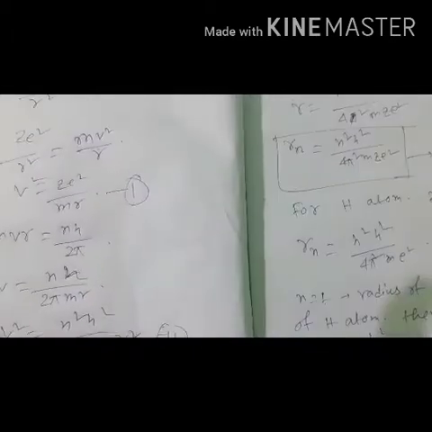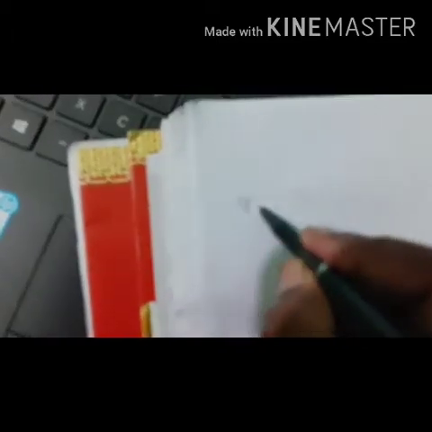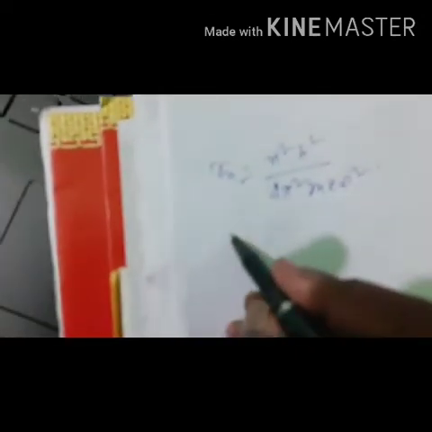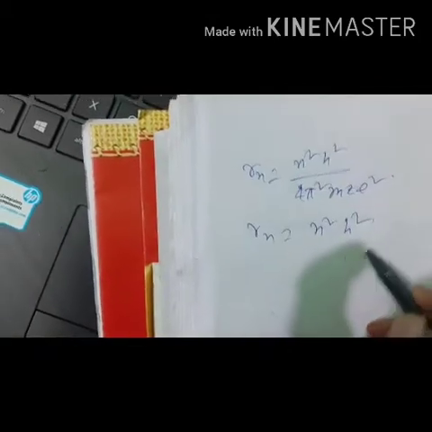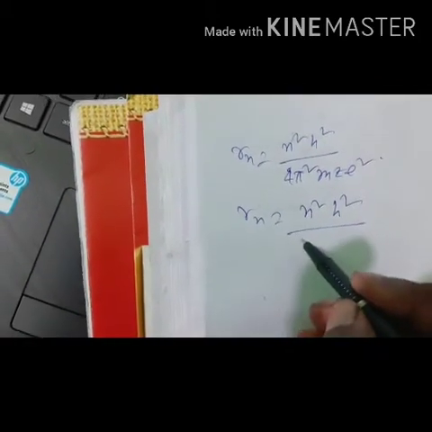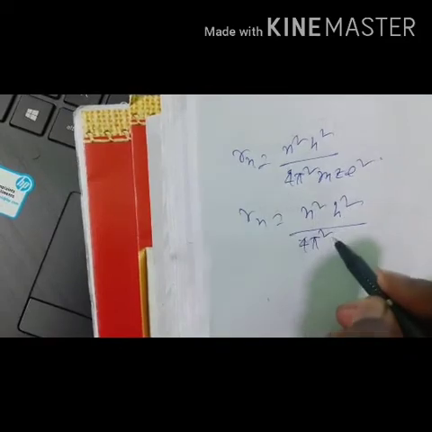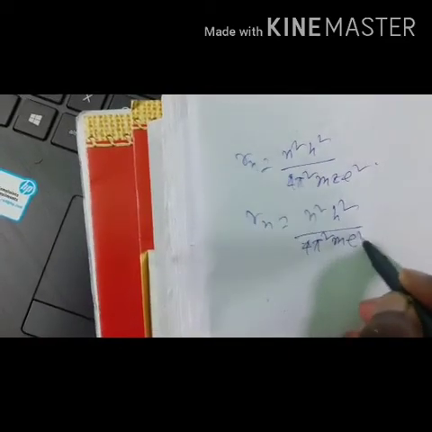Now let us come back to the original equation. We have Rn equal to n square h square divided by 4 pi square m Z square, and for hydrogen atom Z will be 1, so Rn will be equal to n square h square divided by 4 pi square m square.